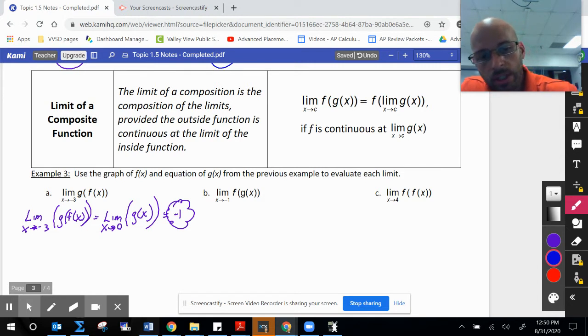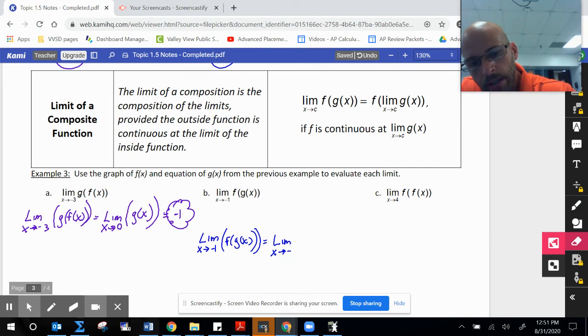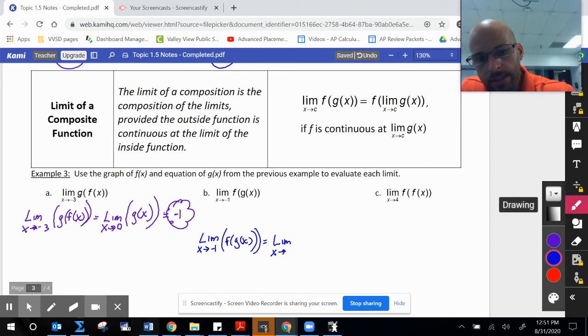I want you to see along with me. If I take the limit as x approaches -1 of f of g of x, that's the original problem, this is going to become the limit as x approaches -1. Oh, sorry. We don't know that yet. We need to figure out what that new input is.